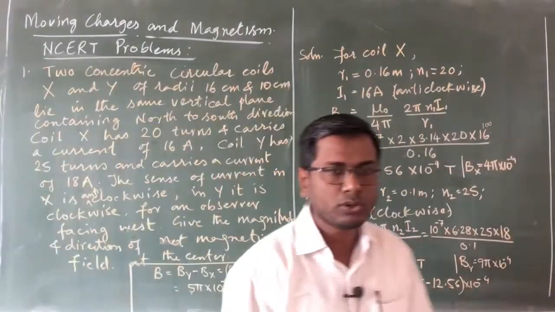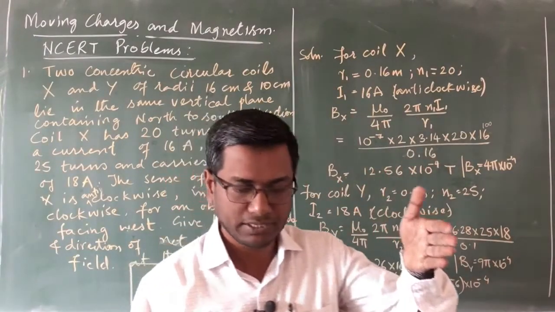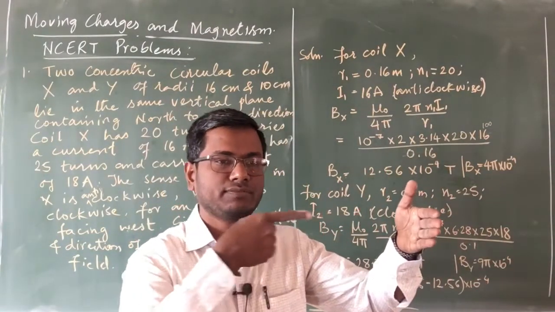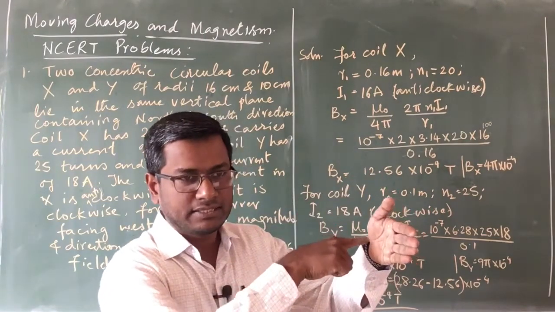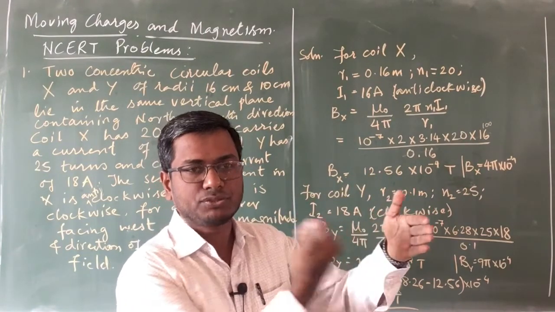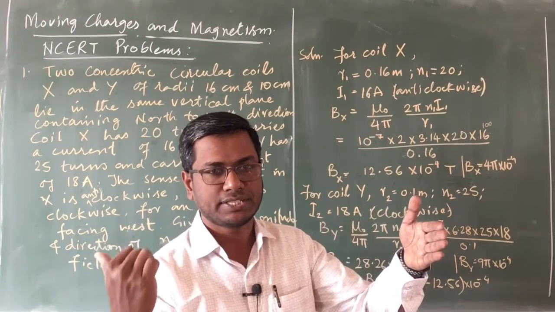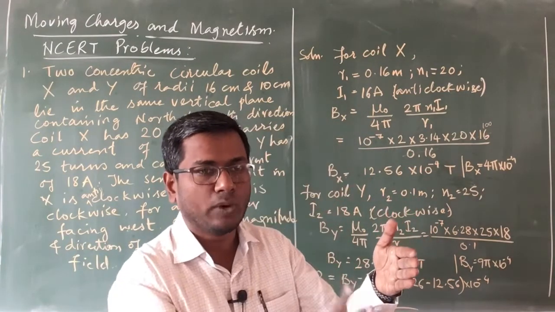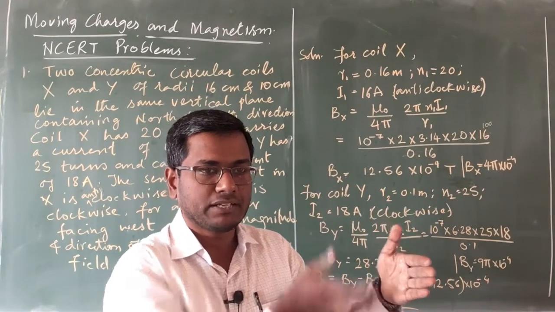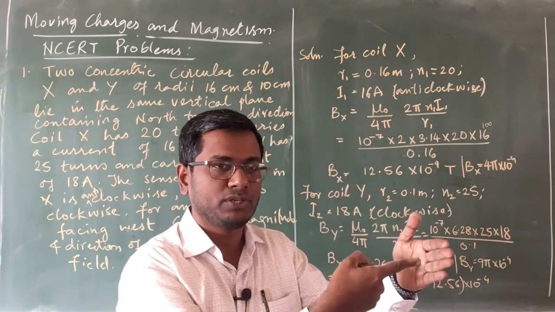This was the plane of the coil, and the observer was facing the west direction. The anticlockwise current in X is going to produce a field facing the east direction, and the clockwise current in coil Y is going to produce a magnetic field towards west.